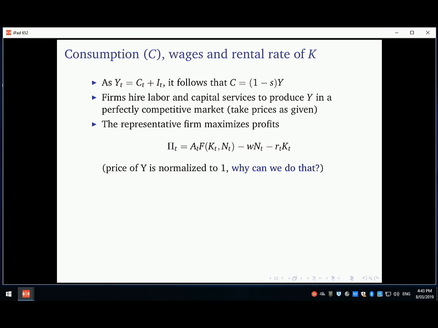The wage is potentially a measure of the welfare of workers, how they have been paid, how much they can buy, and how happy they could be. So where are we getting these prices from, the wage and the rental rate? From a maximization program. This is the most mathematically oriented part, which is basically that the representative firms in this economy will maximize profits.